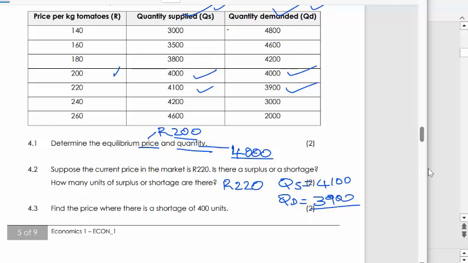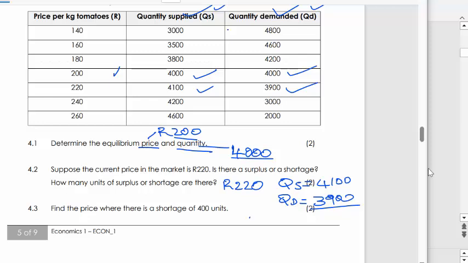Now, we want to check if there's a surplus or a shortage in the market. Remember, if I'm demanding 3.9 and the supply is actually 4.1, it means that I'm demanding less. Therefore, there will be a surplus from a manufacturer's point of view, right? So 4,100 minus 3,900 gives us 200, right?